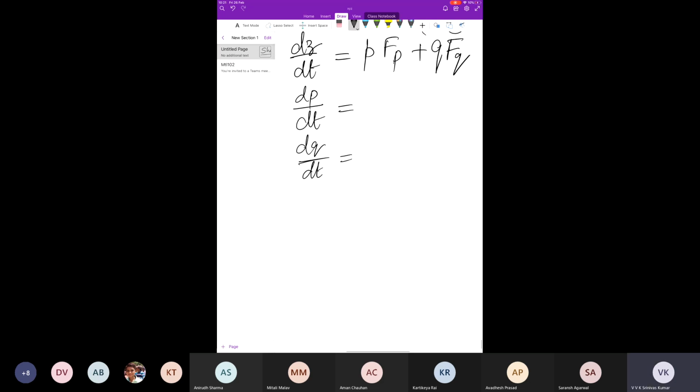So how to get this? Now go to the equation F of x, y, z, p, q is equal to 0 and differentiate with respect to x. What do we get?